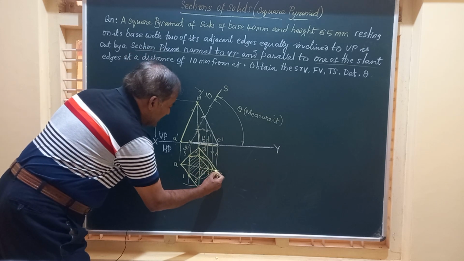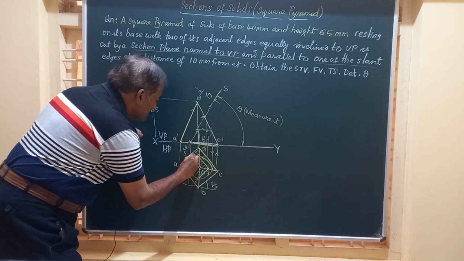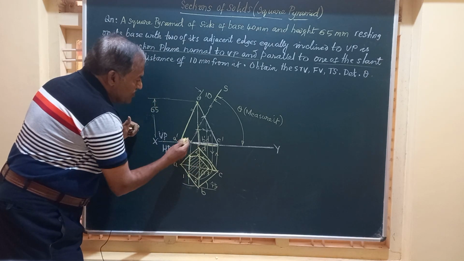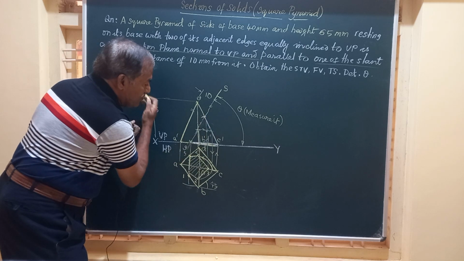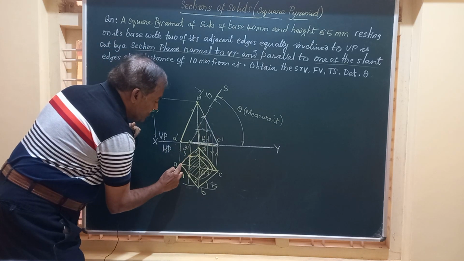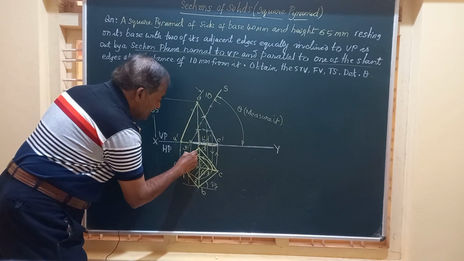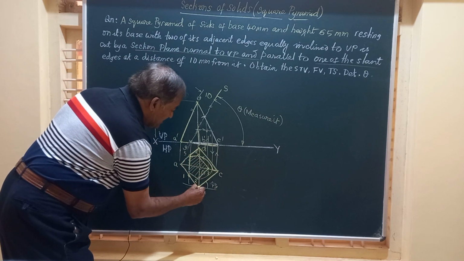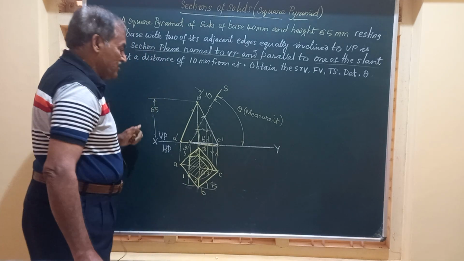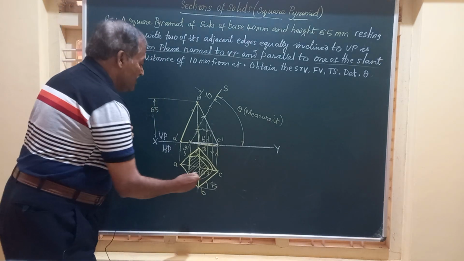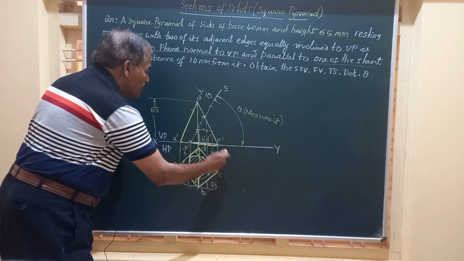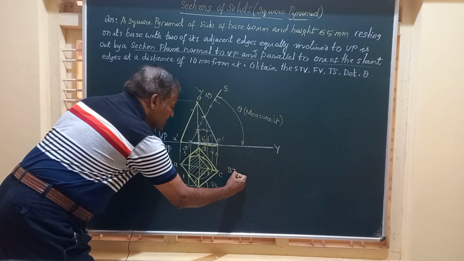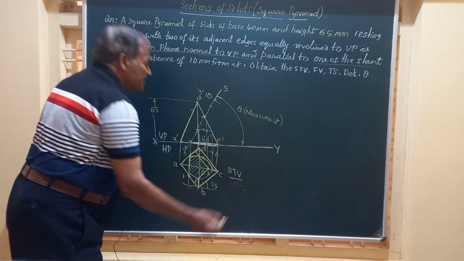OC is still remaining, and the portion to the left of this point is removed, so we don't have this portion above this. So this is to be shown by thin line. This edge is existing, this is existing, this is existing. So friends, this complete portion shown will represent the sectional top view STV of the solid.